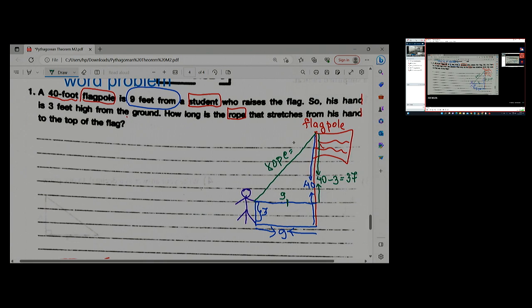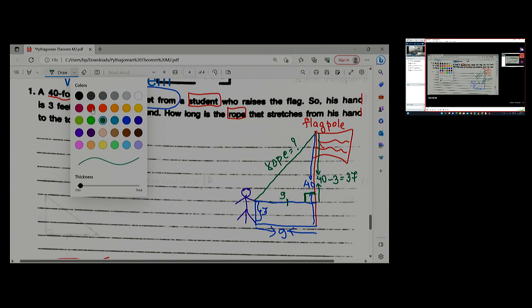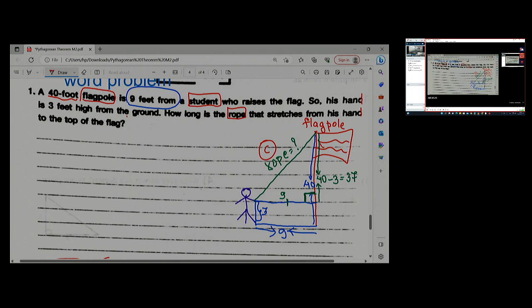And we have to find the rope, the length of the rope. Understand? So now we can see our right triangle from here to here. Now let us put leg A, leg B. This is hypotenuse C. This is leg A. This is leg B. Now use the Pythagoras theorem, square, and find the answer.